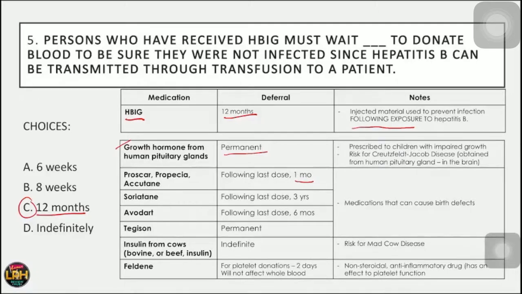Soriatane, following the last dose, the donor should be deferred 3 years. For Avodart, the donor must be deferred for 6 months after the last dose. And Tegison, that would be a permanent deferral for the donor.